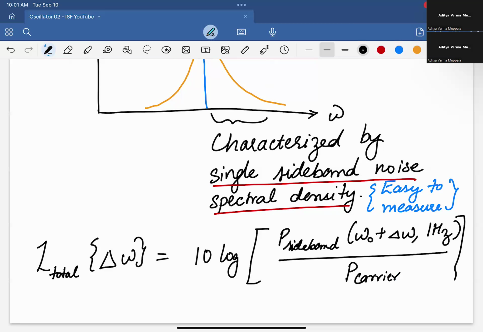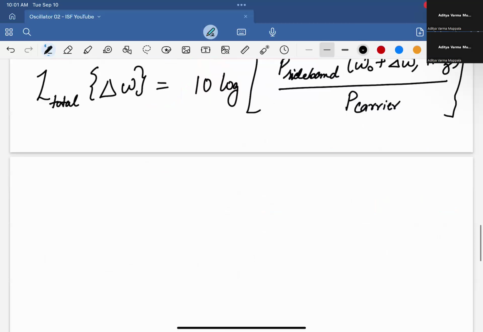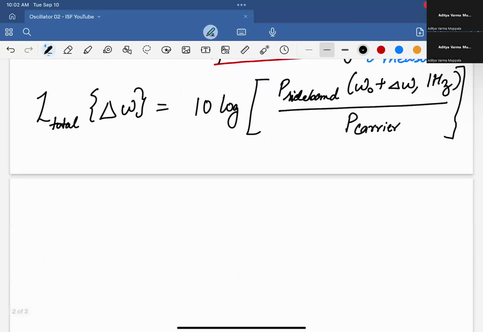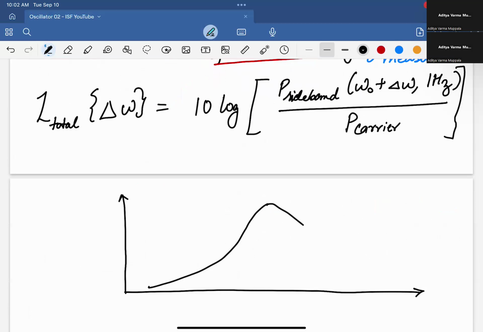So what do I mean by this? Let's say you're looking at a spectrum analyzer and you have this kind of spread that you see. Then omega naught is the center and P carrier is the value here at the peak. Here you're looking at the power spectral density, call it S of omega of the voltage.